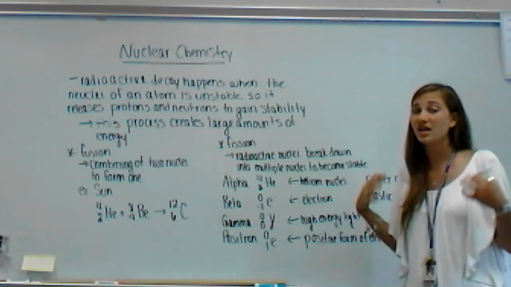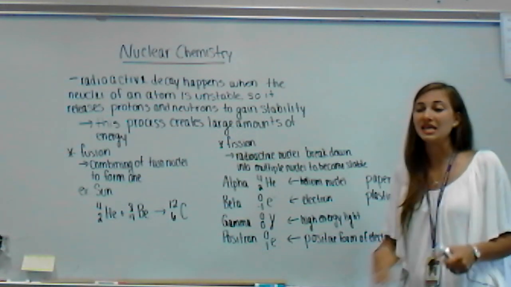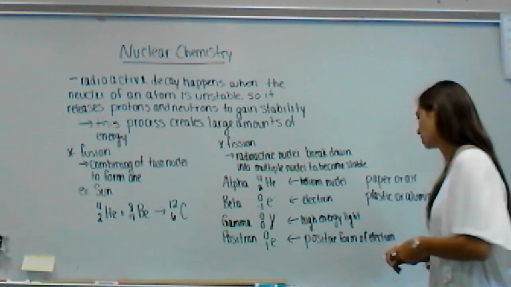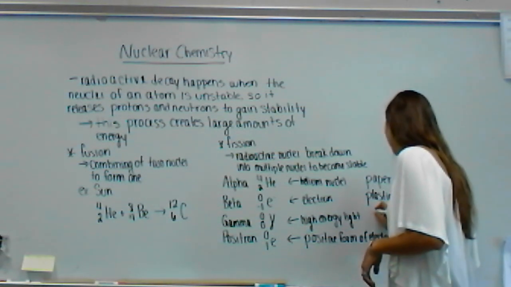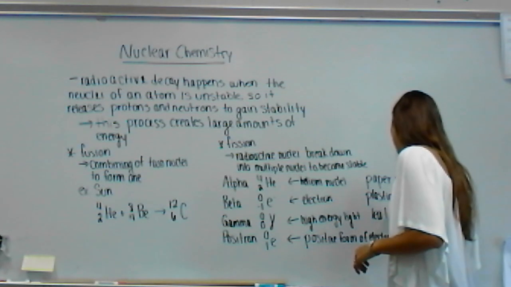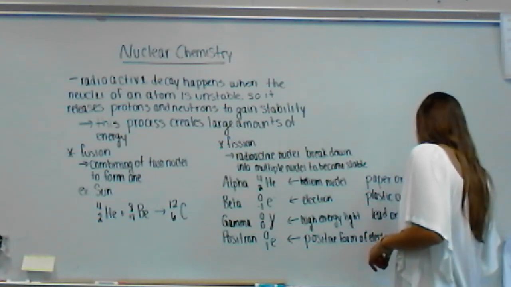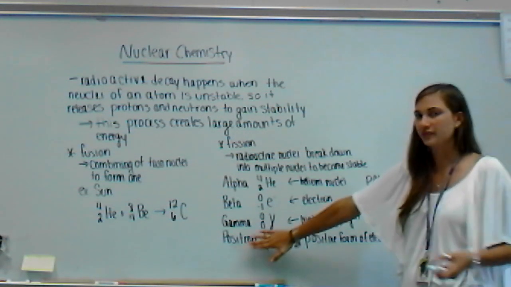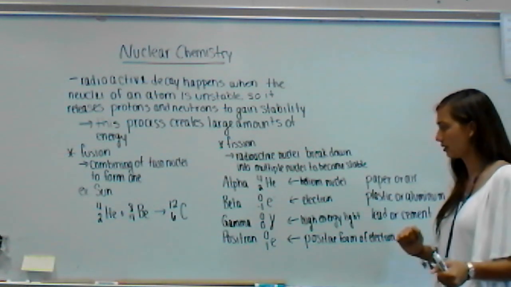Gamma, I said, was a very high energy wavelength, so you're going to need something even stronger to protect yourself. Here, we can use either lead or cement. And positron we don't really need to worry about. We're going to worry about how to protect ourselves from alpha, beta, and gamma.